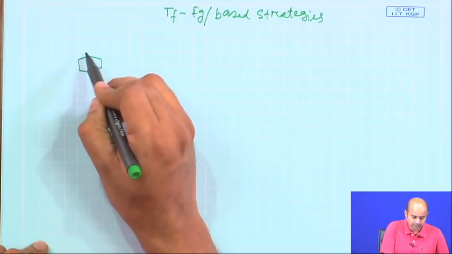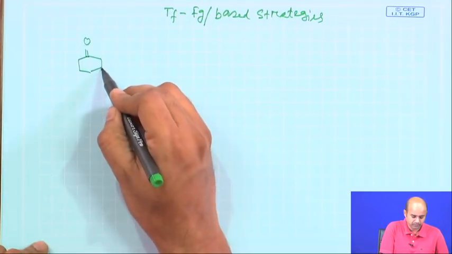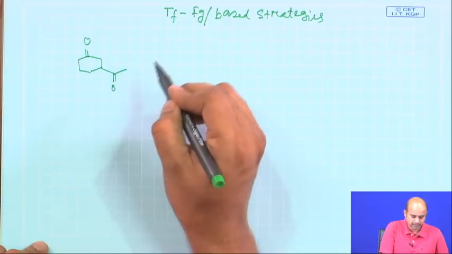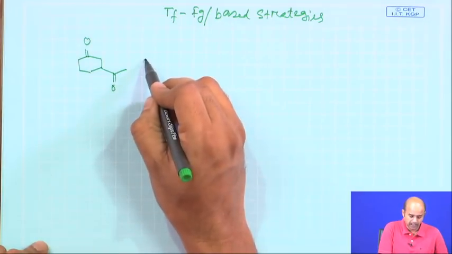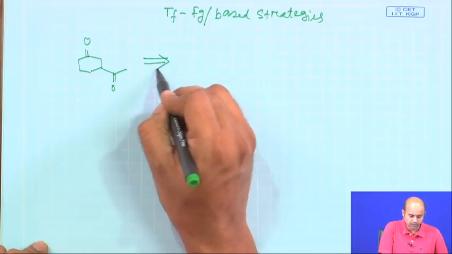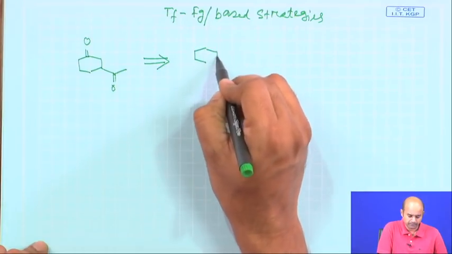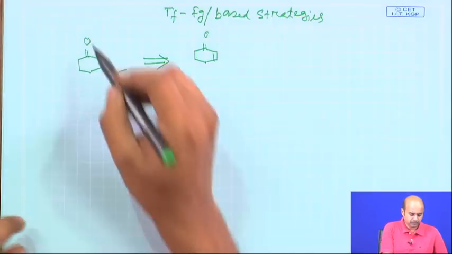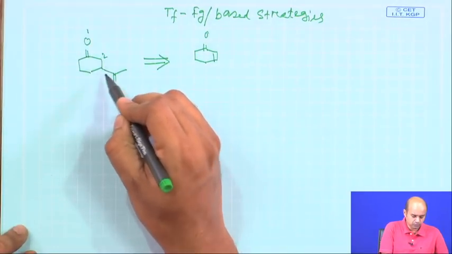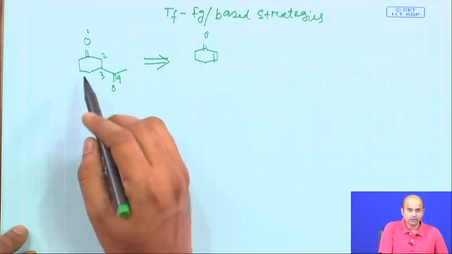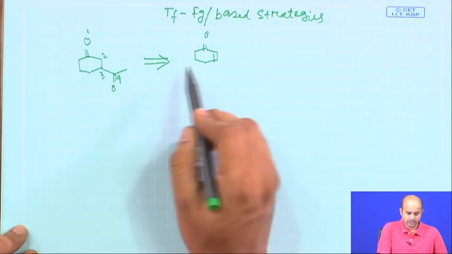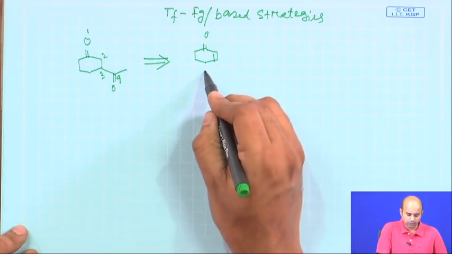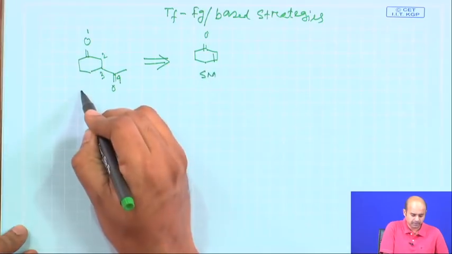This target is a pretty simple target. We have a target something like this, and we will provide you the starting material. I say you prepare a 1,4-dicarbonyl compound by using cyclohexenone as a starting material.